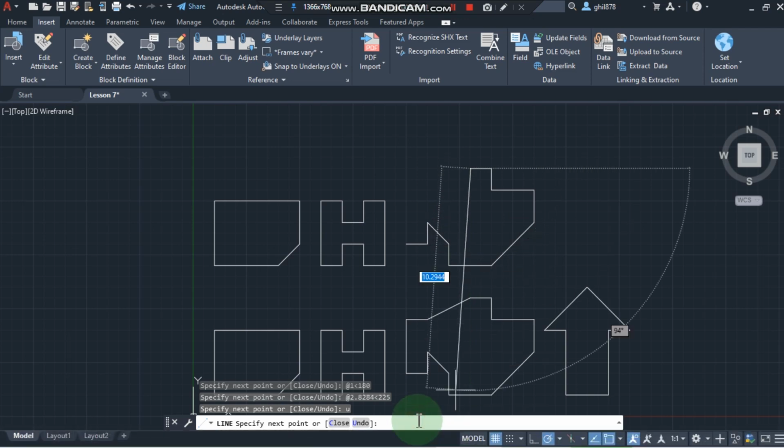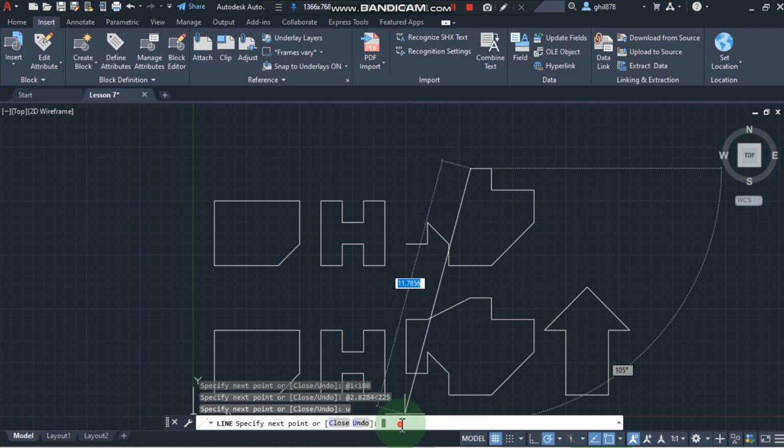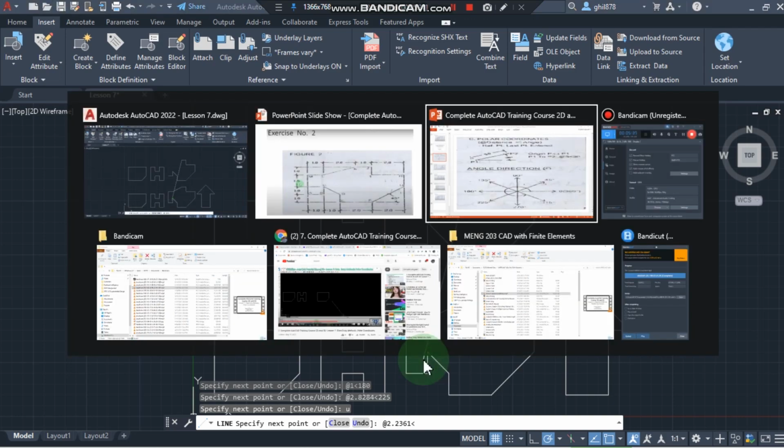So it should be 150 degrees somewhere here with a distance of 2.2361, right? At 2.2361, angle of 150.